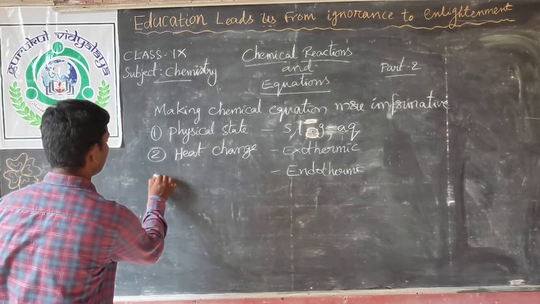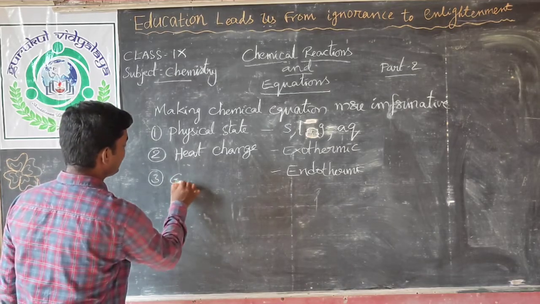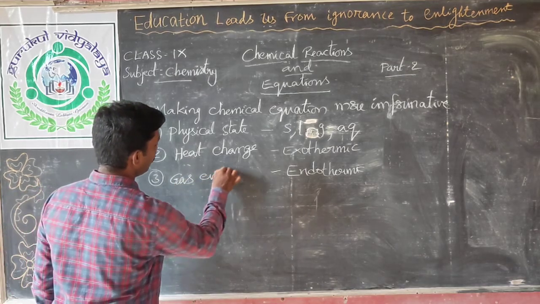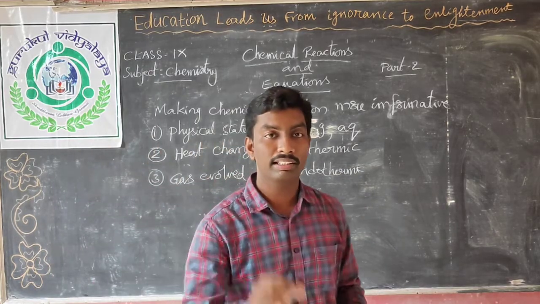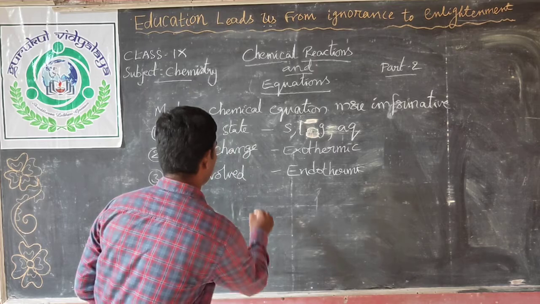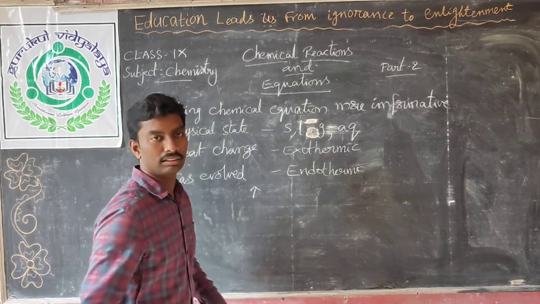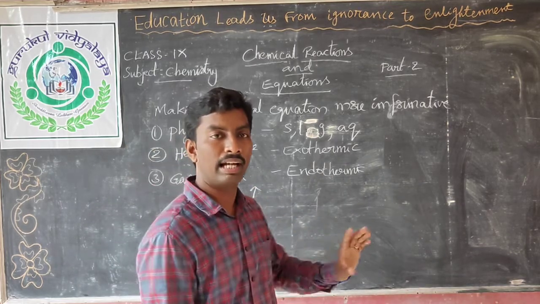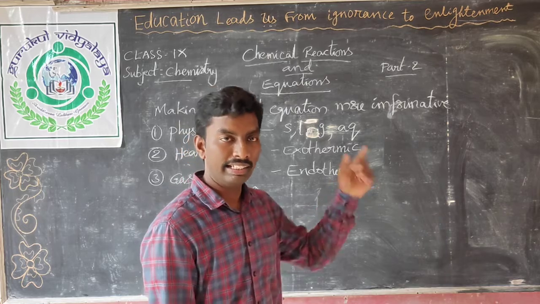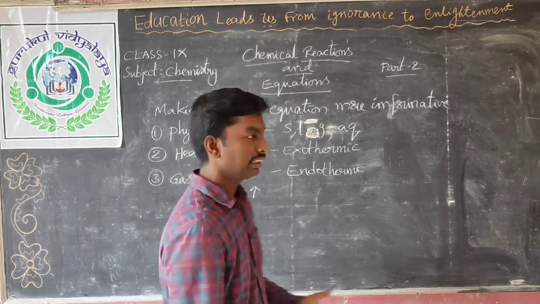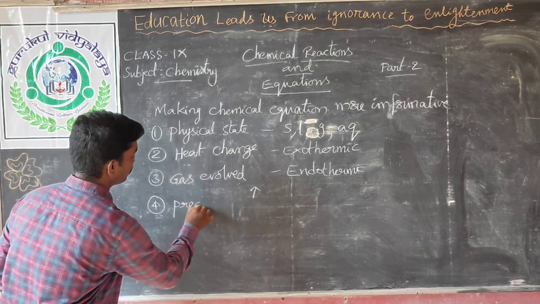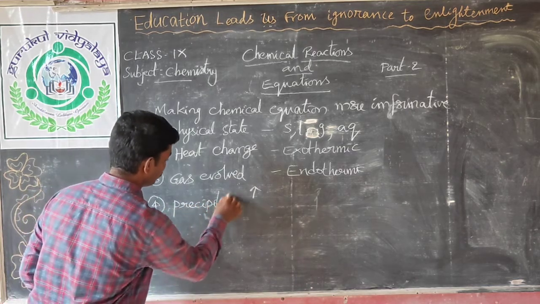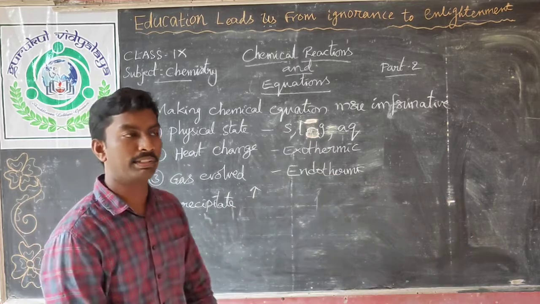By this we can give more information for the chemical equation. The third one is if gas is evolved. If gas is evolved in the chemical equation, we use the arrow symbol. An arrow in the upward direction indicates that it is a gas. The fourth one is precipitate.